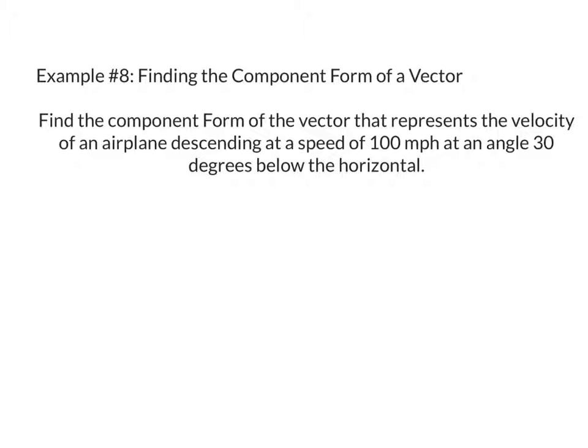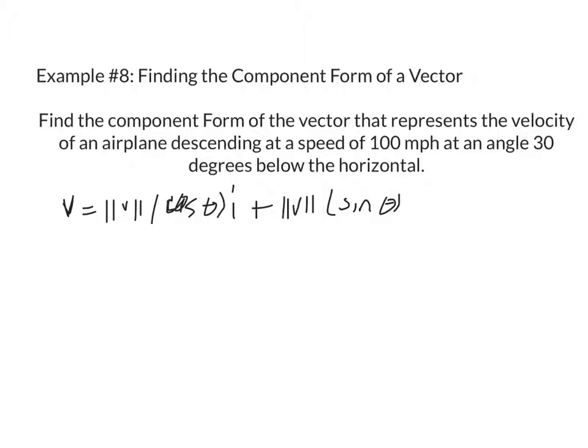So according to our formula, vector v is equal to the magnitude times cosine theta i plus the magnitude times sine theta j.